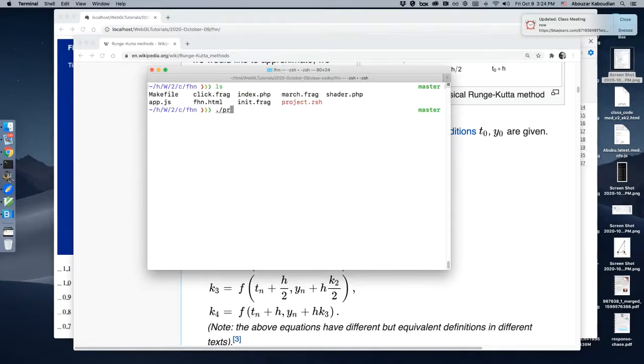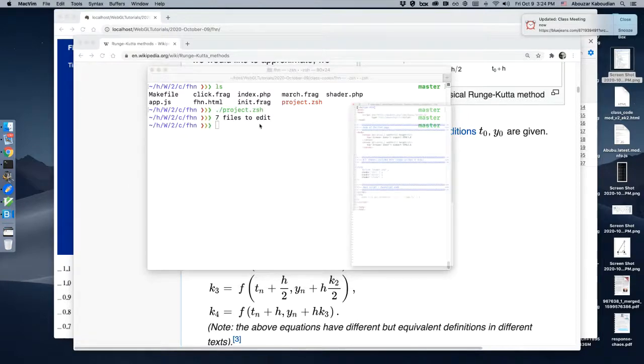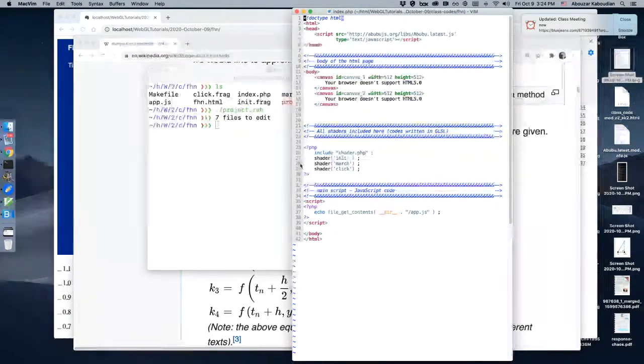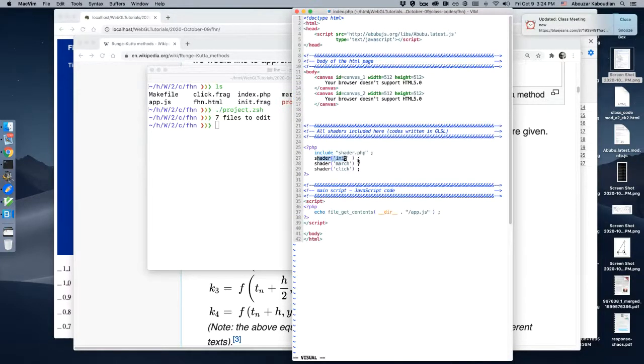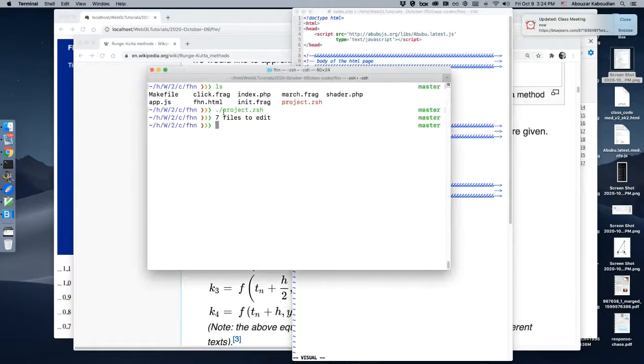I will just open the multiple file version, but it's nothing but replacing the shader commands with the content of these files, init.frag, click.frag, and march.frag.